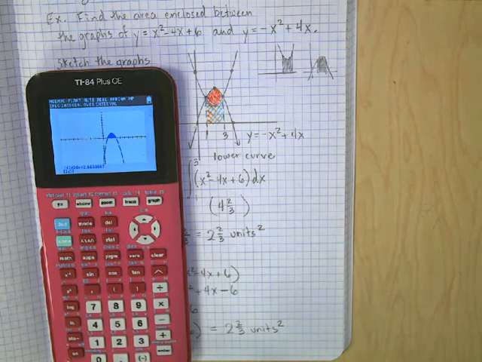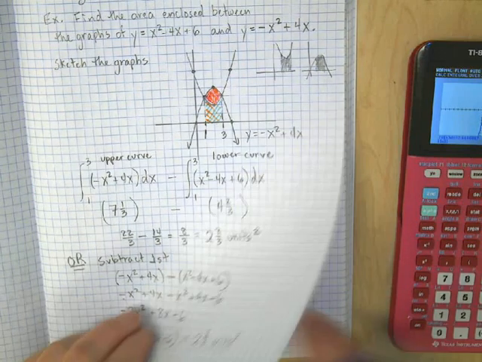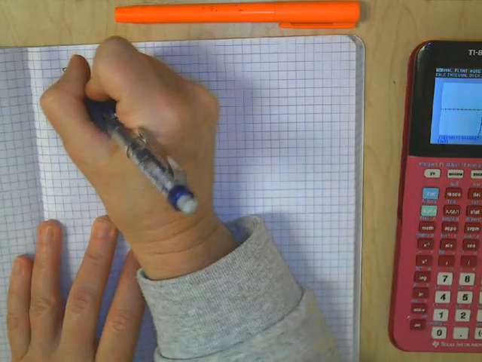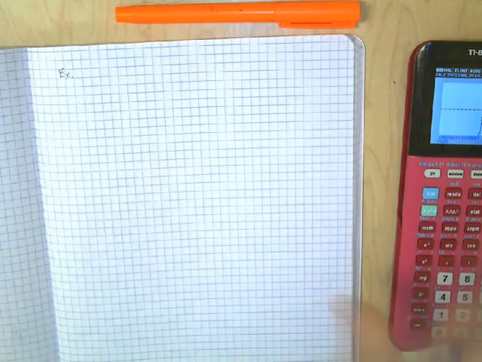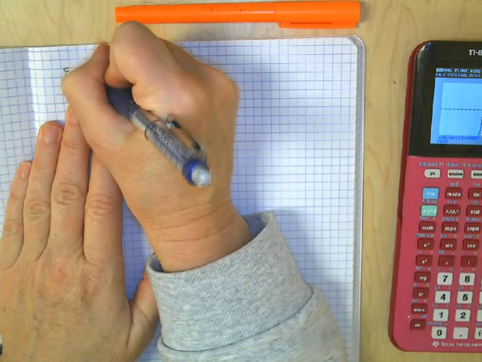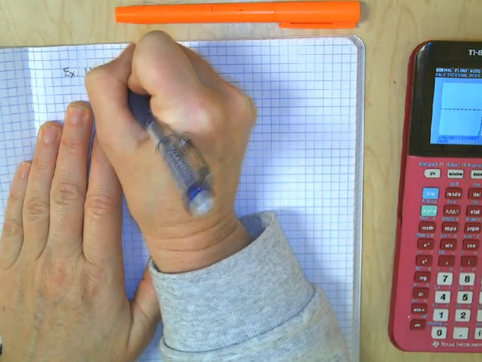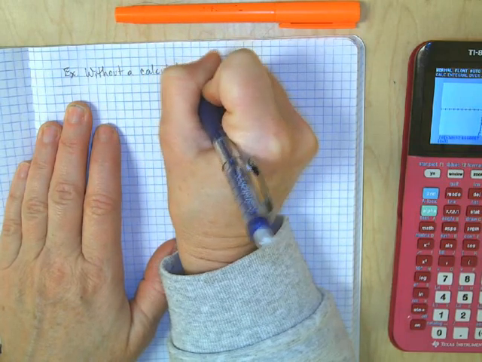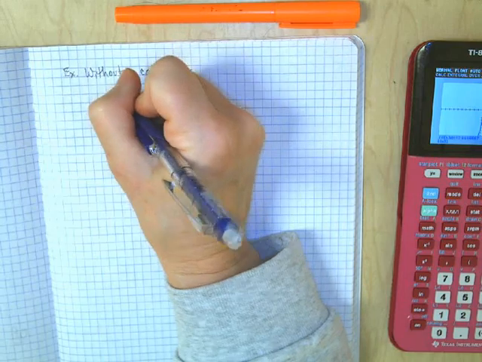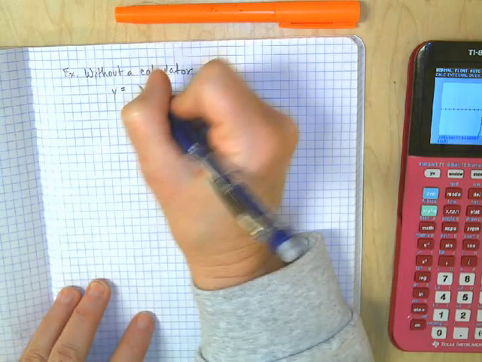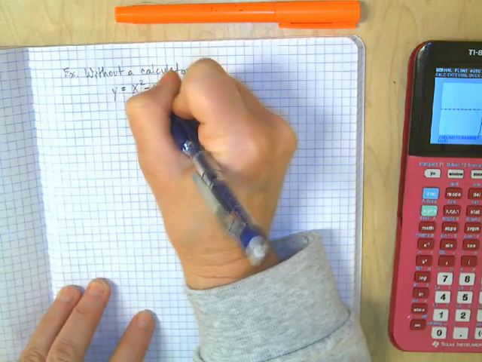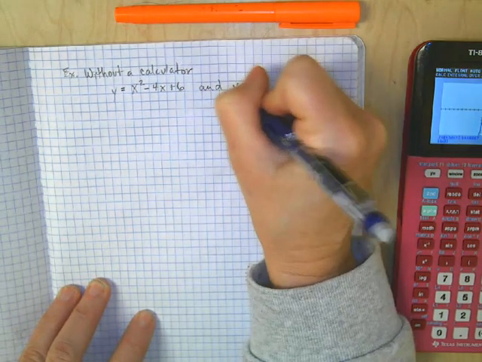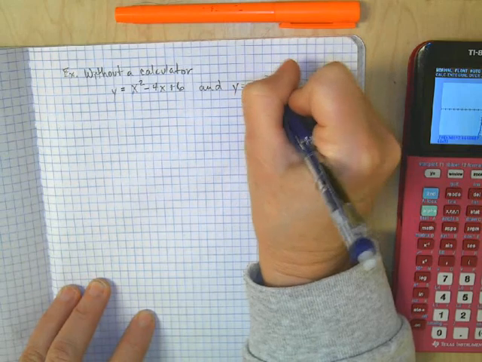All right, so let's go ahead and do it by hand. So we're going to do the same problem by hand. So when we do it by hand, so without a calculator, you want to subtract the functions first. So my functions again, let's write these down, were x squared minus 4x plus 6, and y equals negative x squared plus 4x.